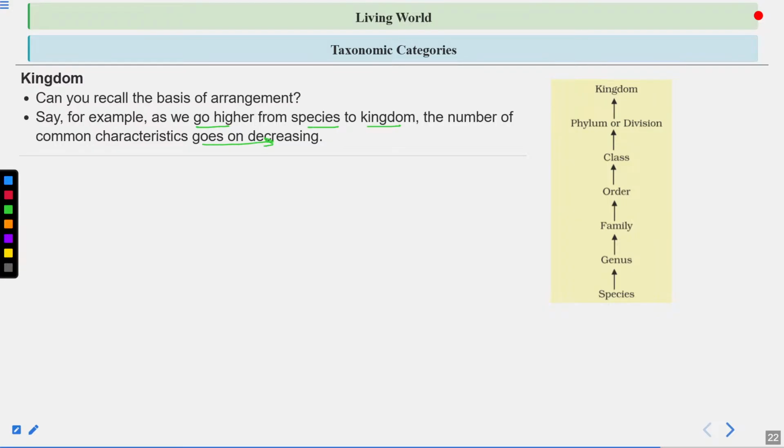This we have already discussed. Like I've given you the example of multicellular organisms. Multicellular organisms are included in one category. They are only placed in that group because they are multicellular, but they might differ in the rest of the characteristics.